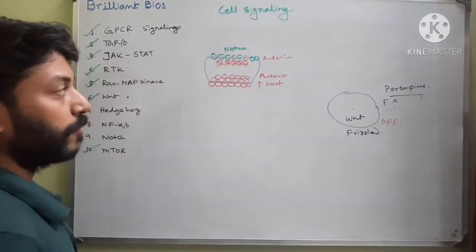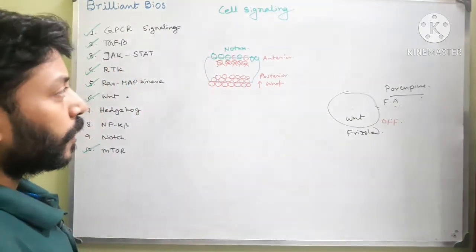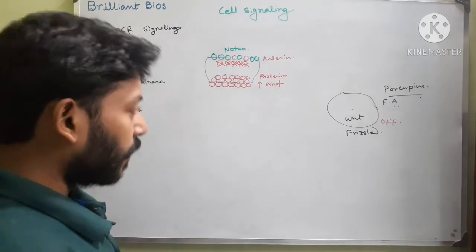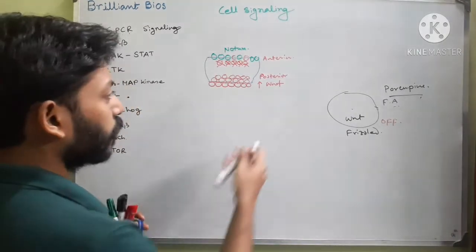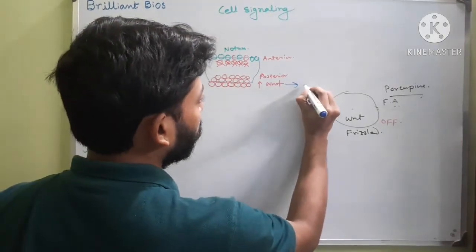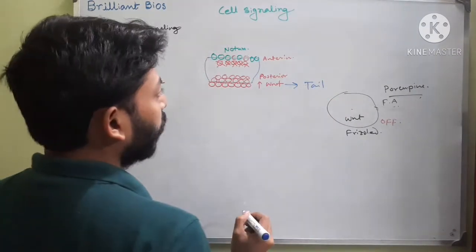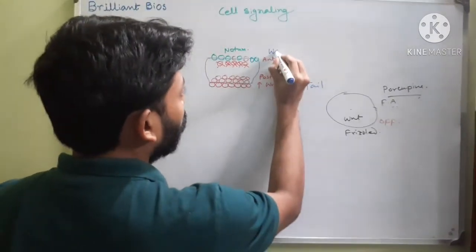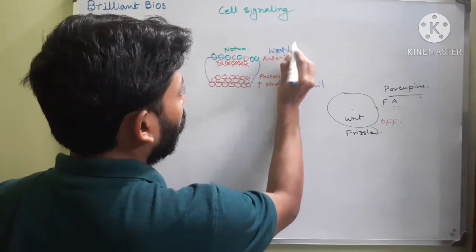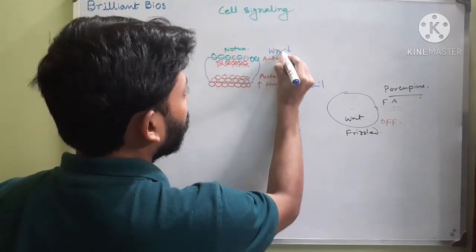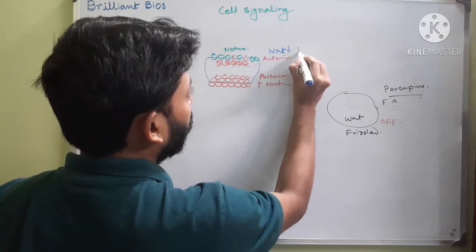It cannot perform its function. So in a gist, I can write that where there is a high concentration of WNT, that helps in the development of the tail, and where the WNT protein is low, there the head will develop.